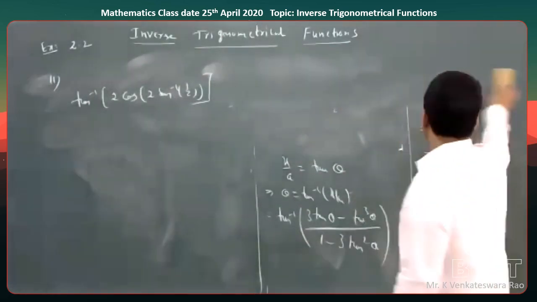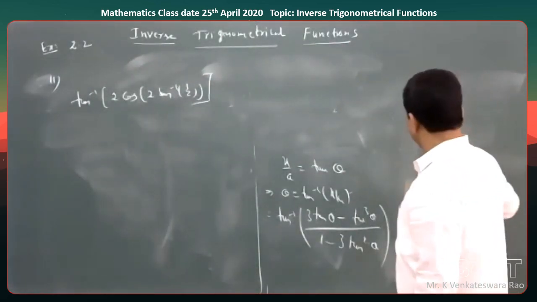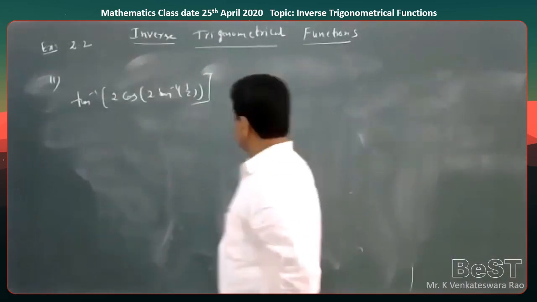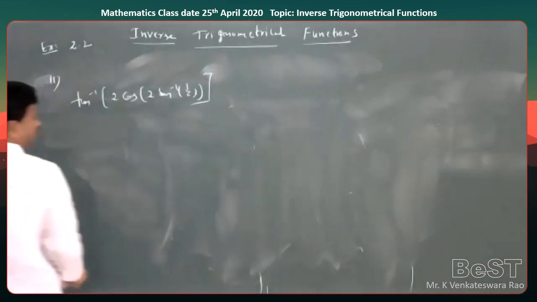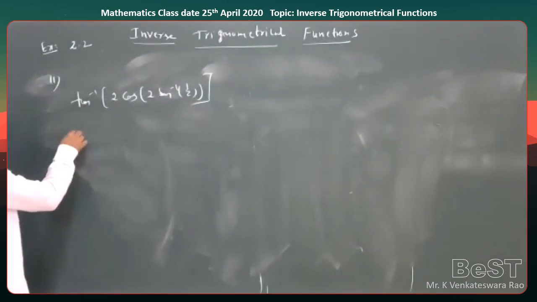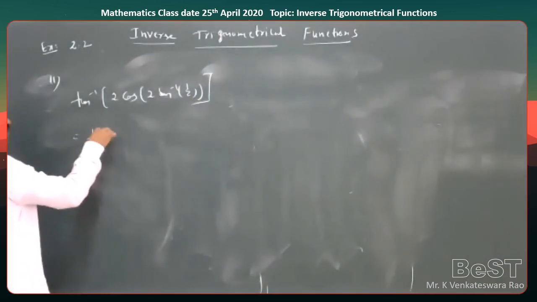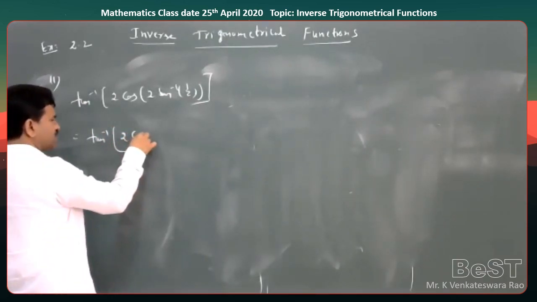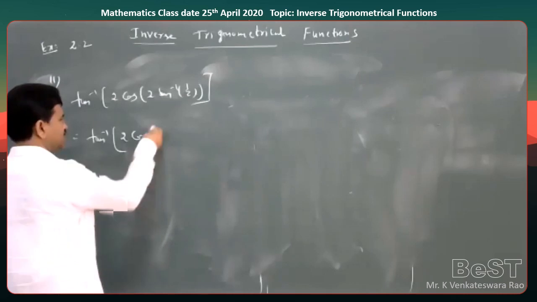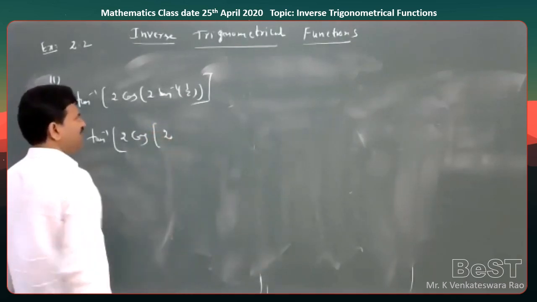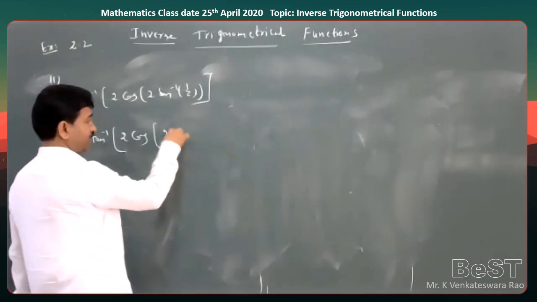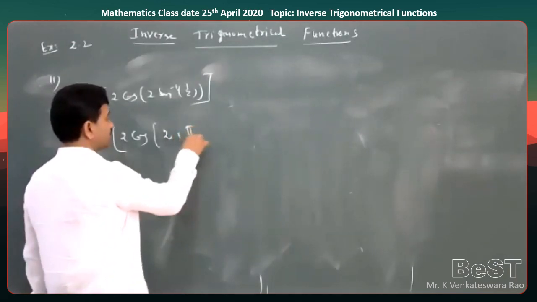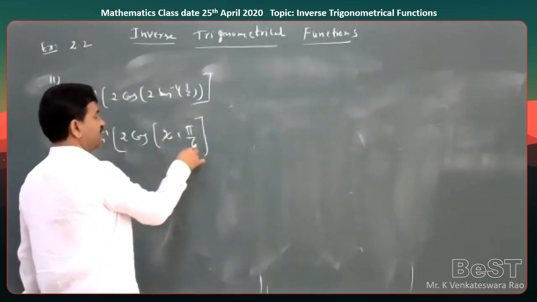Simple. First write the sin inverse of 1 by 2 value. This is tan inverse of 2 cos of 2 into sin inverse of 1 by 2 value. Sin inverse of 1 by 2 value is pi by 6. 2 times that is pi by 3.